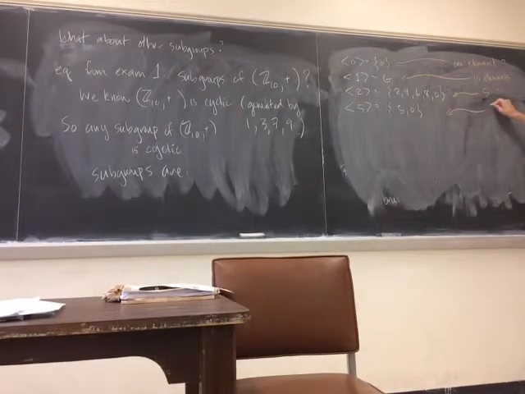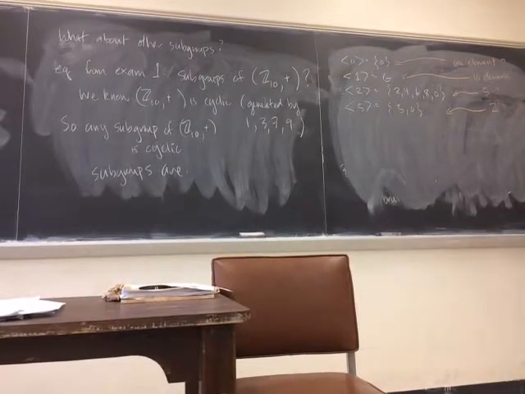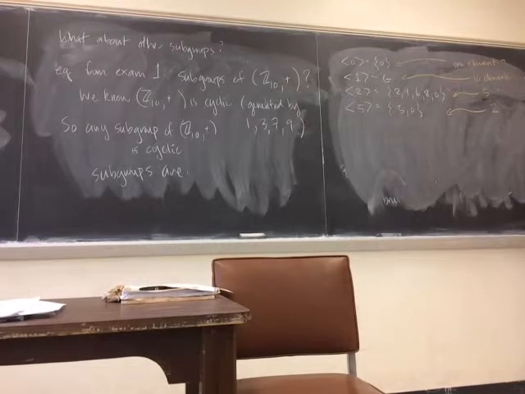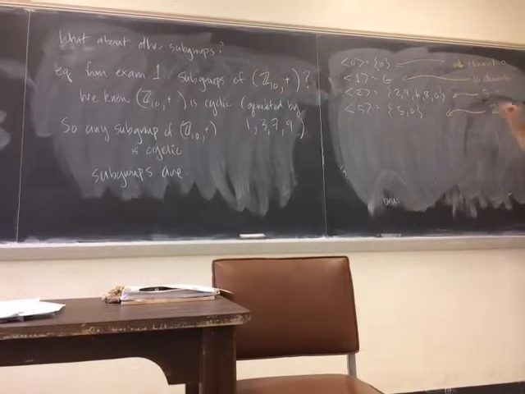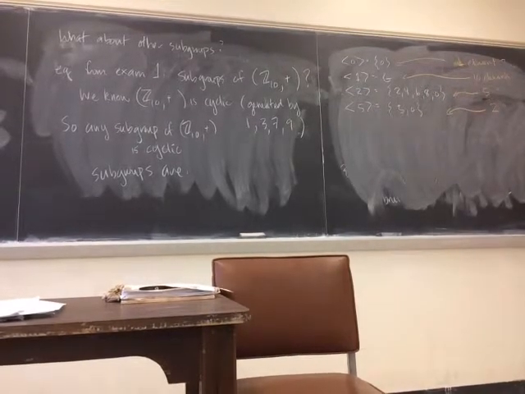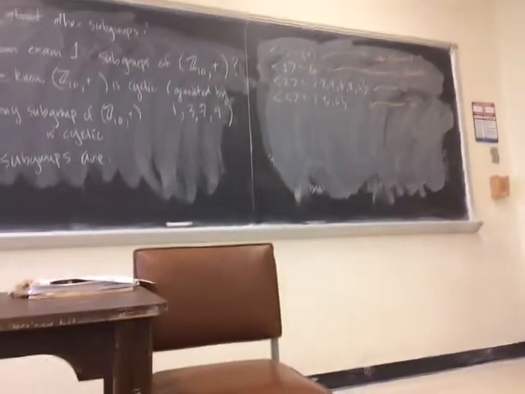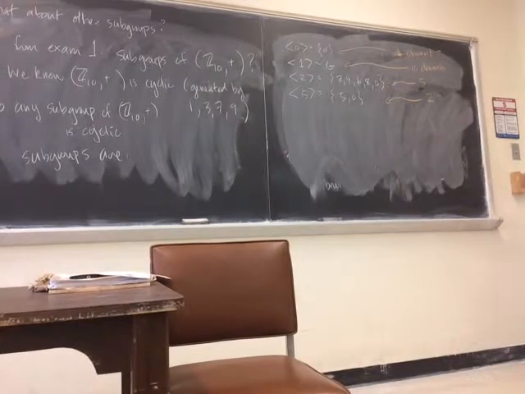How many does this have? 2. Now G itself had 10 elements. And can you notice something about all these numbers? They all divide 10. So every subgroup I wrote down has a number of elements that divides the number of elements of the group.